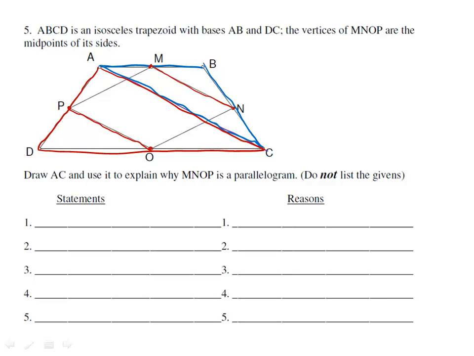That means that MN is parallel to AC, because the mid-segment theorem says that the mid-segment of a triangle is parallel to the third side. The third side is the one that doesn't have one of its endpoints, so that'd be AC. Okay, so MN is parallel to AC.